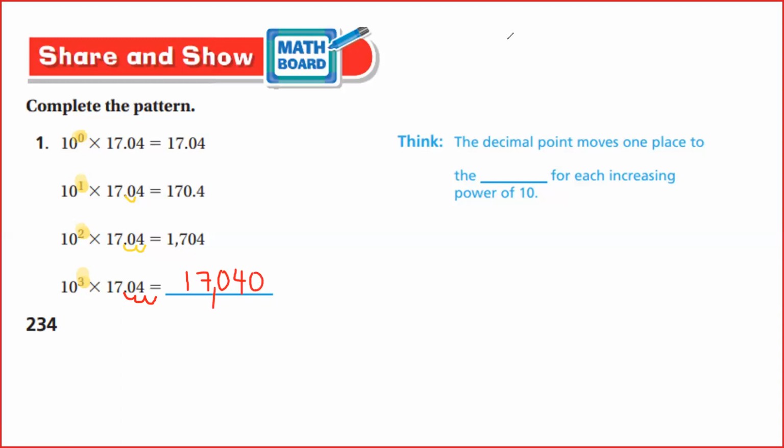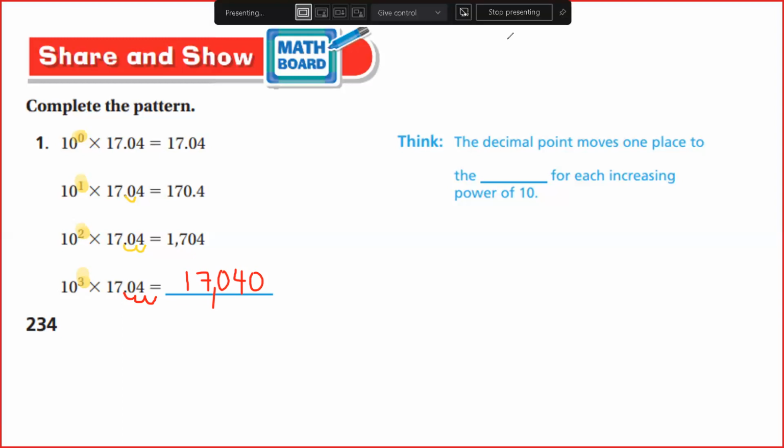Read the number now. 17,004. Now, Yamuna, does the decimal point move 1 place to the right or to the left? To the right. To the right, thank you. Welcome.